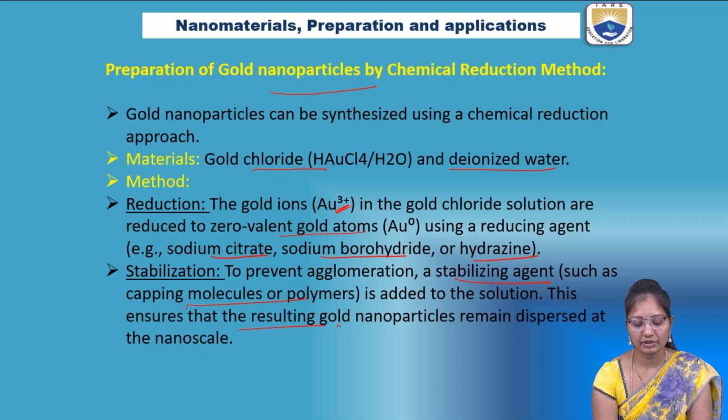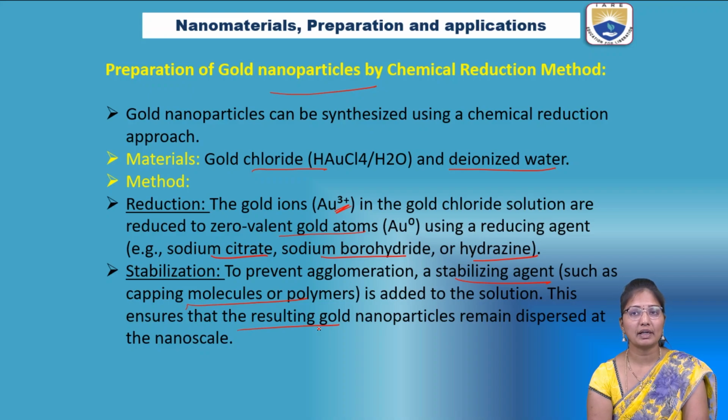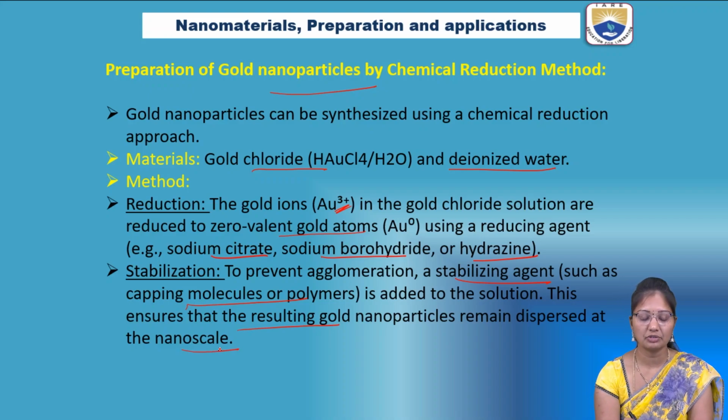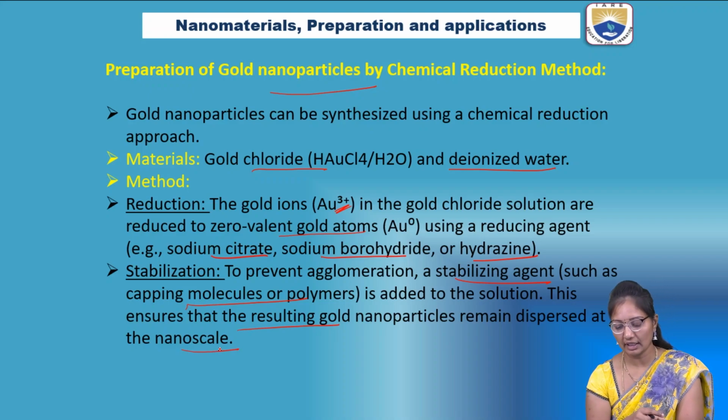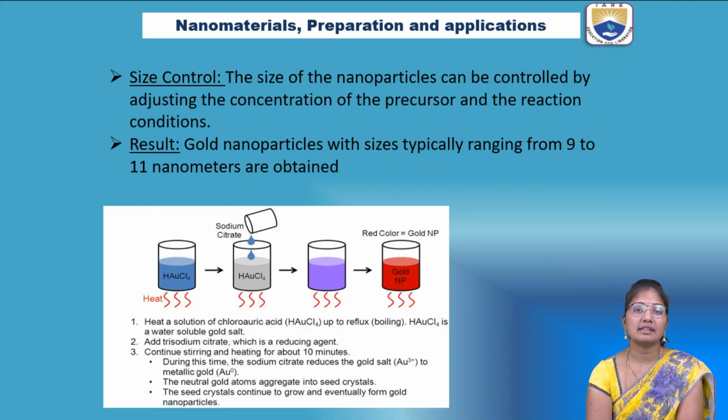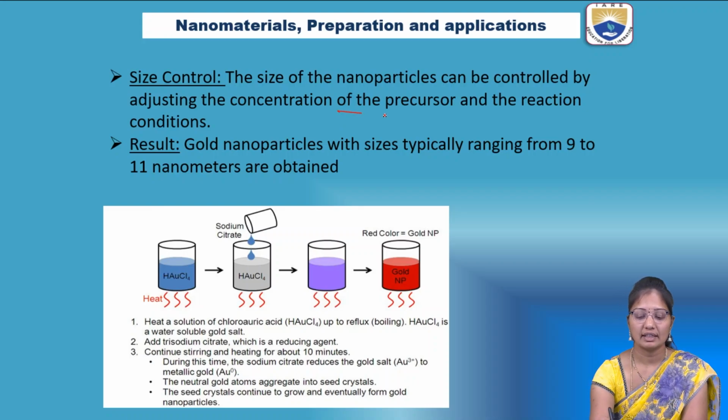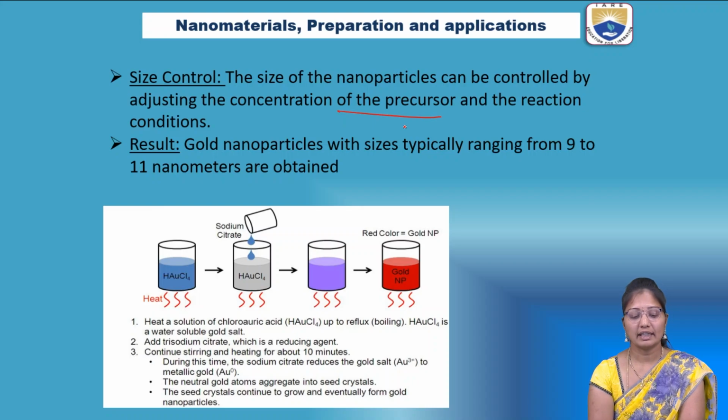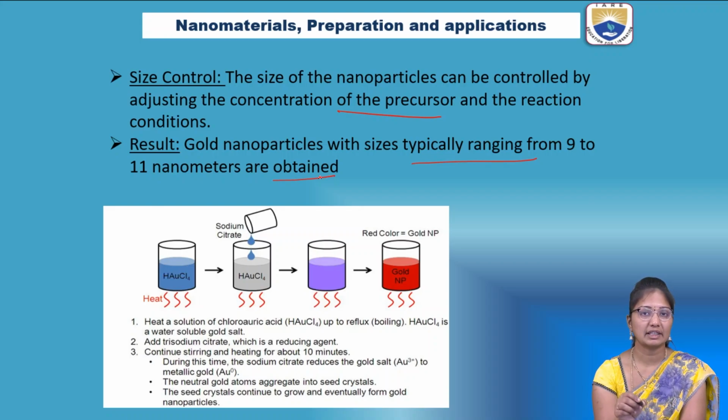So this ensures that the nanogold particles remain dispersed at nanoscale in the reaction. Next is the size control. The size of the nanoparticles can be controlled by the concentration of the precursor and the reaction conditions. Thus the gold particles formed range from 9 to 11 nanometers in this reaction.